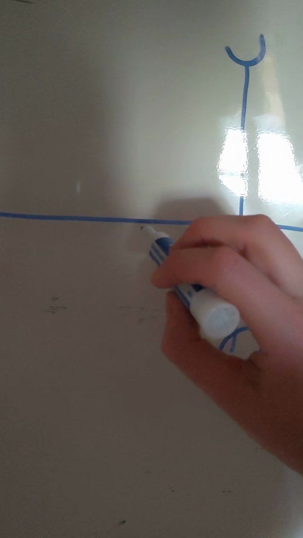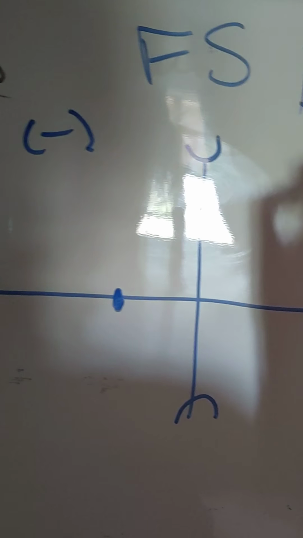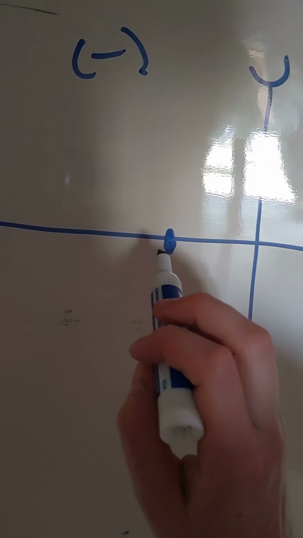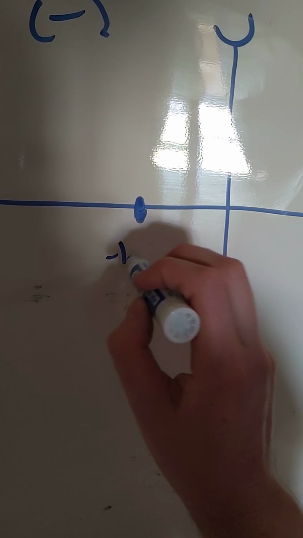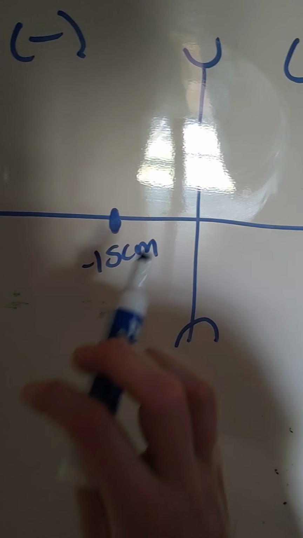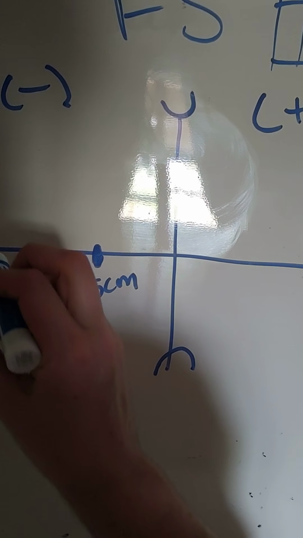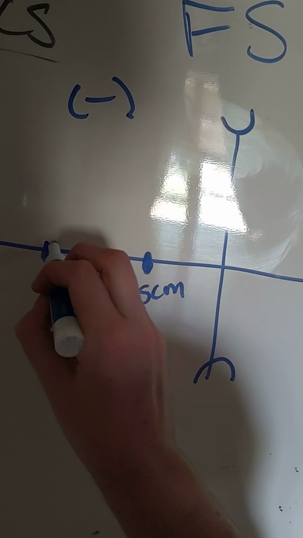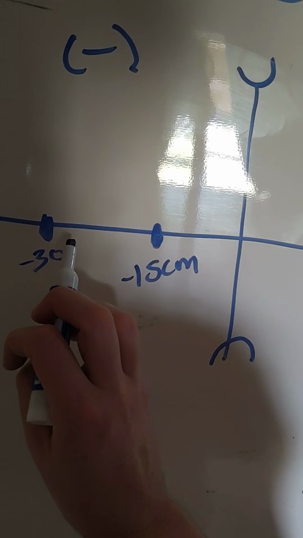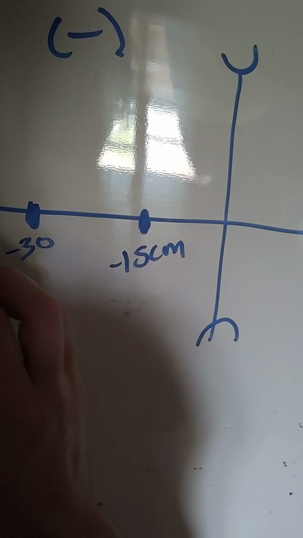We know that our focal point is going to be on the left side because the left side is negative, right side is positive. So one focal length is going to be minus 15 centimeters because it's on the left. Here's the second focal length, 2 times this, which is minus 30.